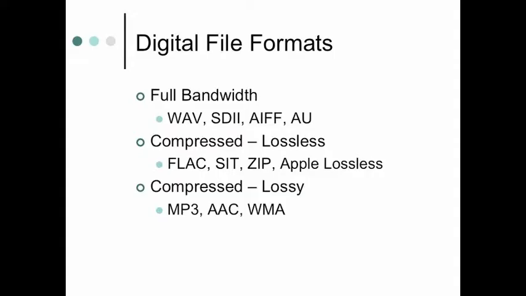AU is an interesting file format. It's a full bandwidth WAV file, and it is called audio units. And audio units are going to be the future of all standardization of full bandwidth audio files. The reason being is WAV files, Sound Designer files, and AIFF files have a limitation of 2 gigabytes in length.